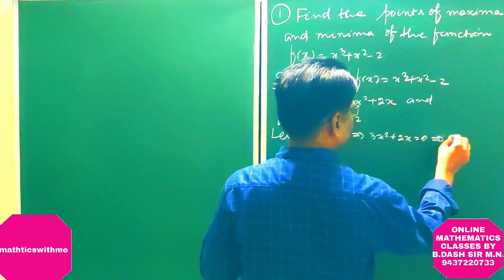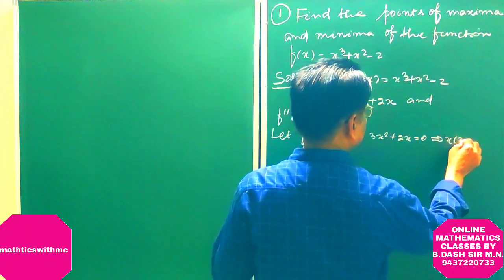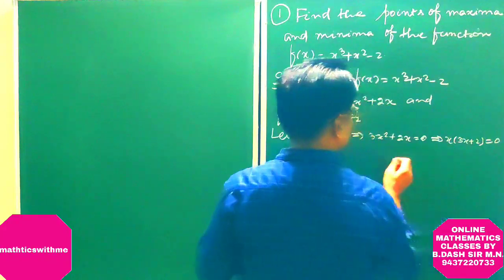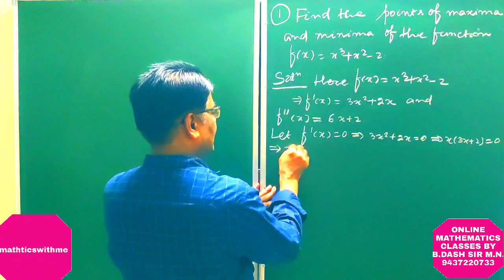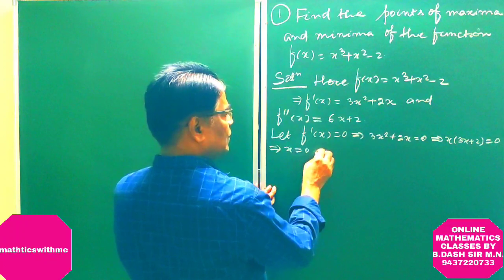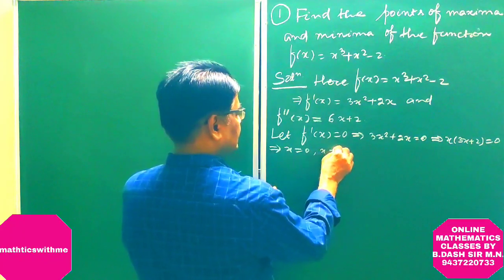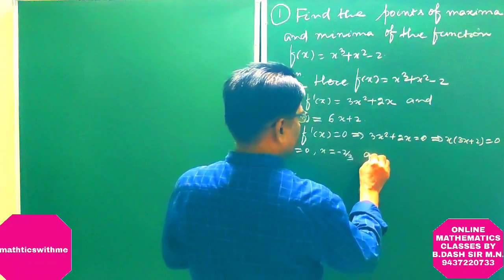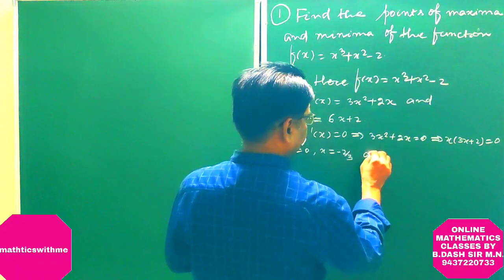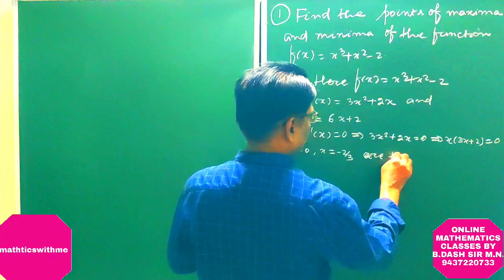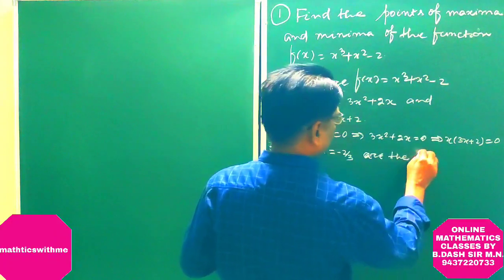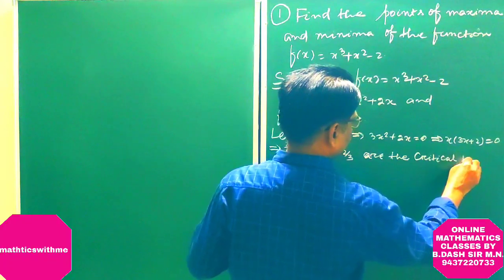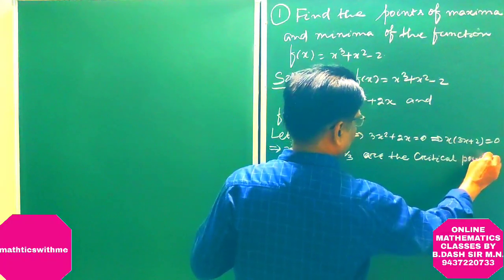This implies x into 3x plus 2 is equal to 0. This implies x is equal to 0, x is equal to minus 2 by 3 are the critical points.